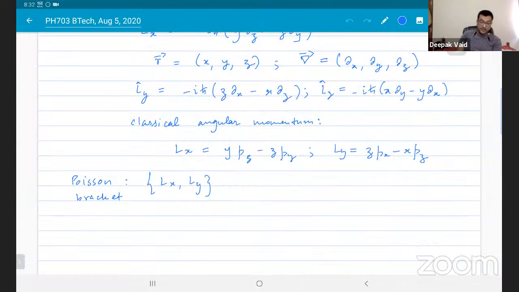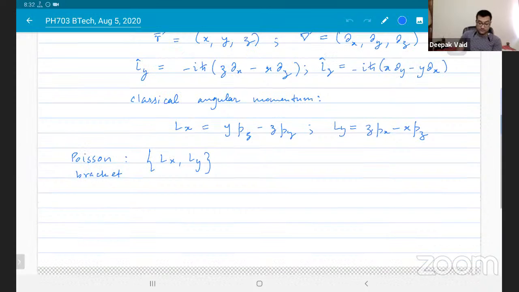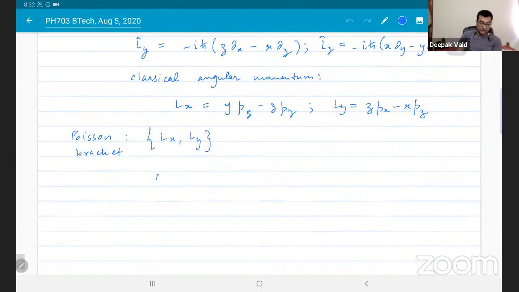So the Poisson bracket is the classical version of the commutator. If you have any two functions, f and g, which are defined on some classical phase space, then your Poisson bracket is written as follows.